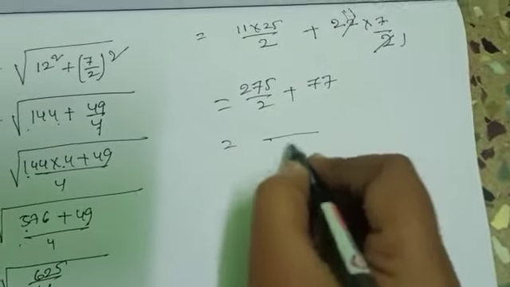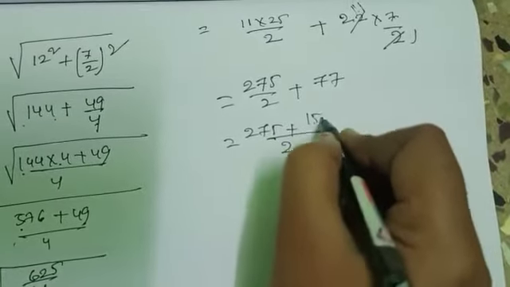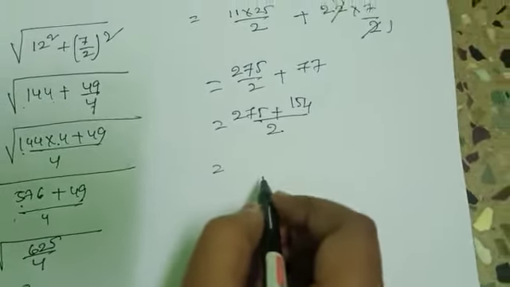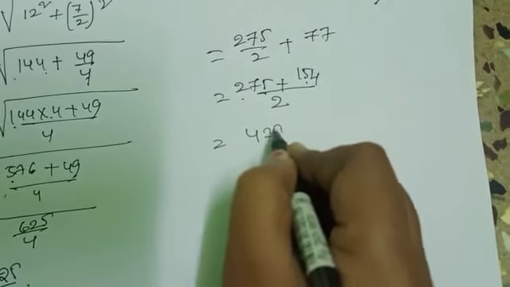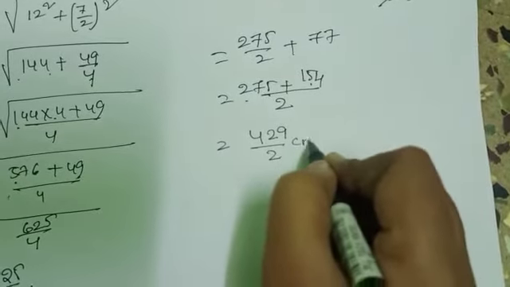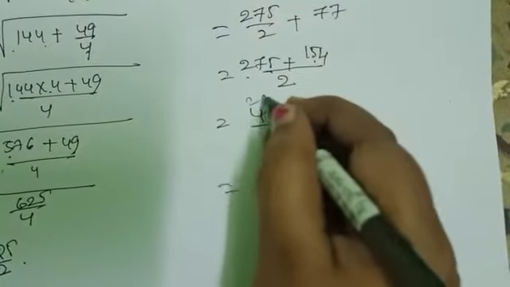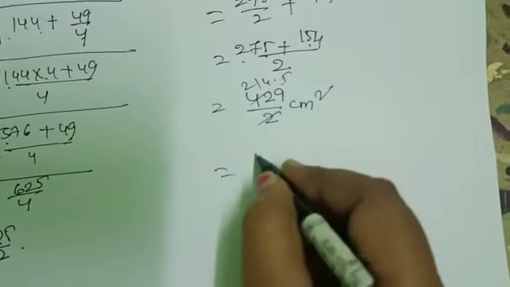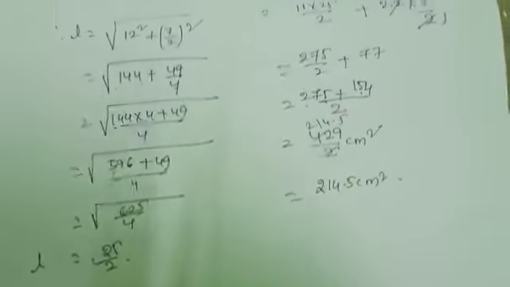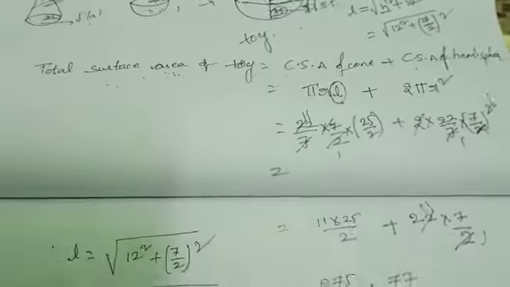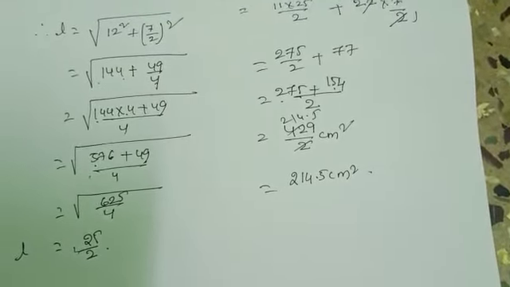Take LCM: 275 plus 77 into 2 is 154. 275 plus 154 is 429 by 2 centimeter square. Simplify: 214.5 centimeter square. Therefore, the surface area of the toy equals 214.5 centimeter square.